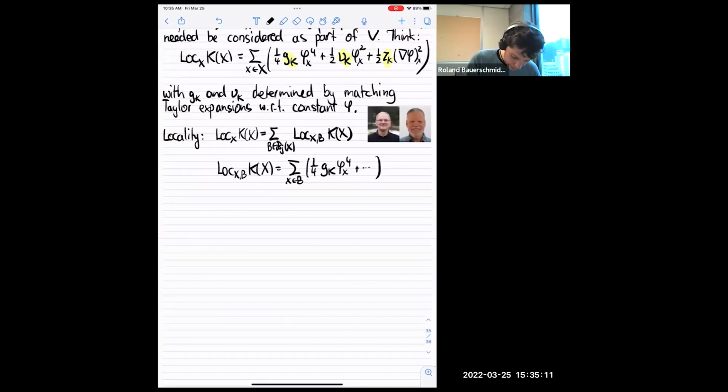So roughly speaking, we want to change coordinates.